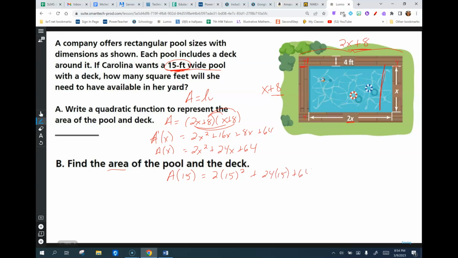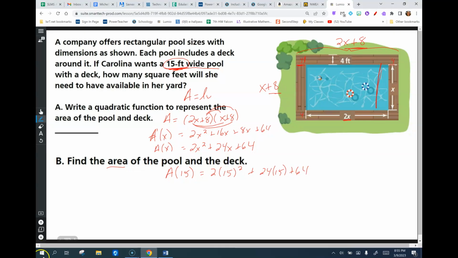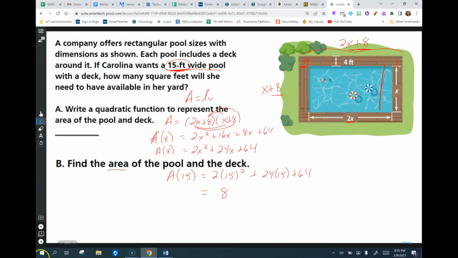Pull out your calculators. Here we go. So we're going to come up with 874 square feet is what Caroline is going to need in her yard. So that's how many square feet we're going to need in order to build a pool and a deck.